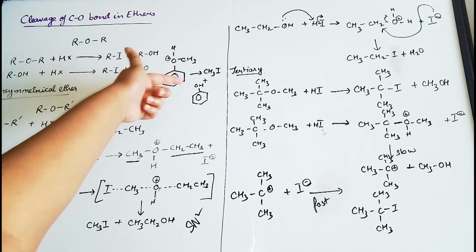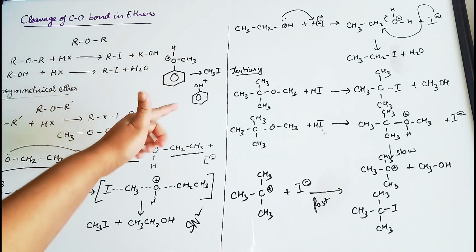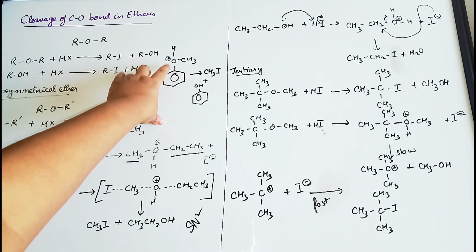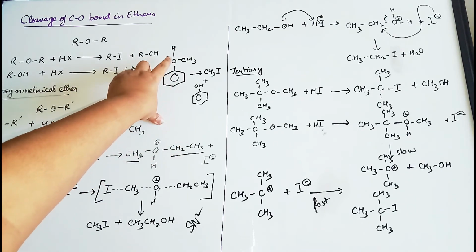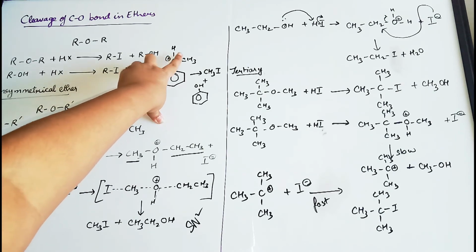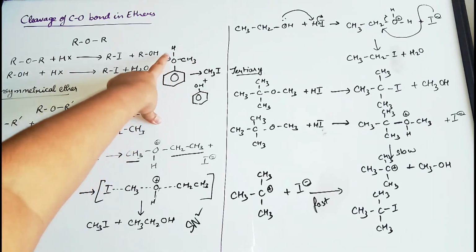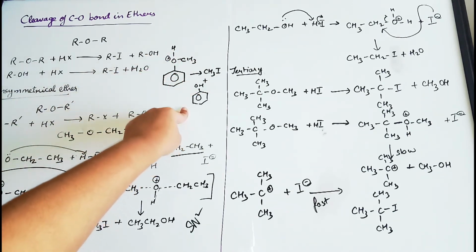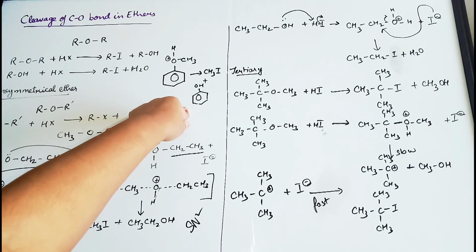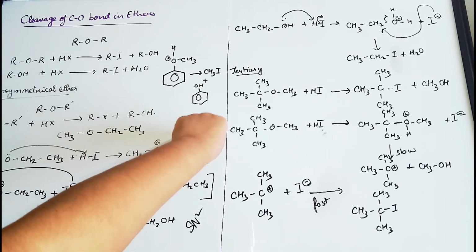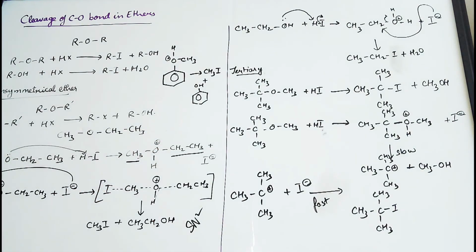This is because of the resonance and all the various structures that we form, and because of that, this bond is stronger, and it's shorter than a single bond. So because of that, we have the CH3 getting removed as the alkyl halide, and this forming a phenol, and phenol will not undergo further reaction with hydrogen iodide to form an alkyl halide. With that, we're done with the cleavage of CO bond in ethers.